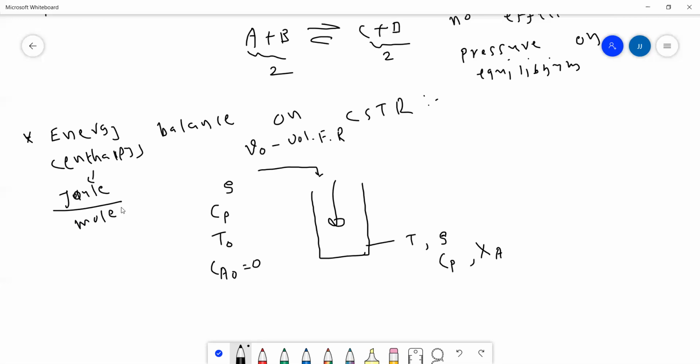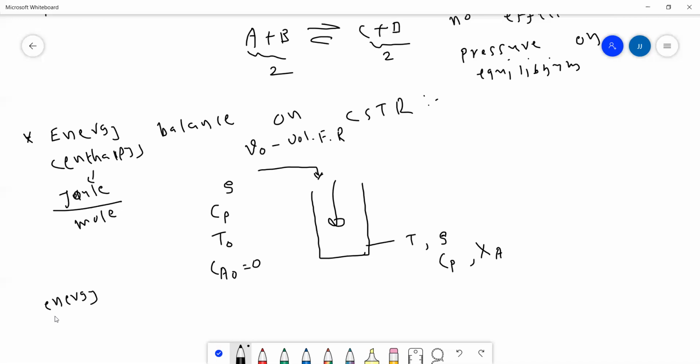And we have the energy balance. As it is a flow system, the balance must be in units of energy per second, joule per second.